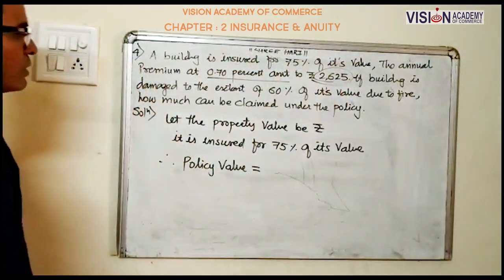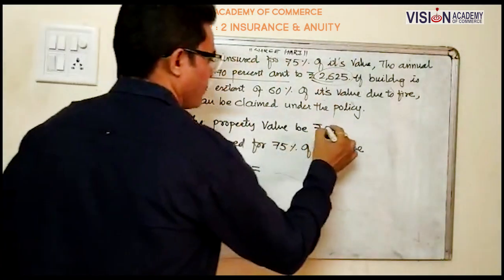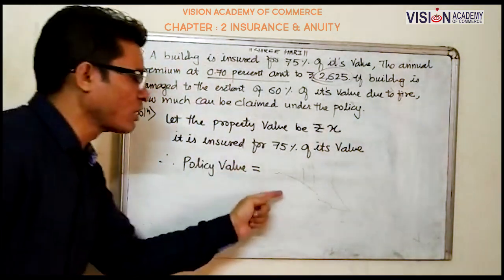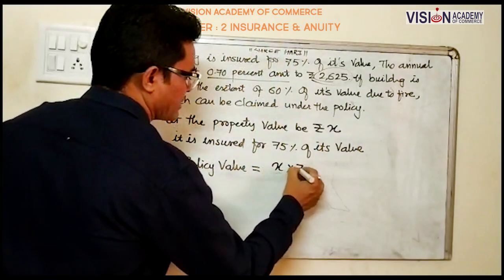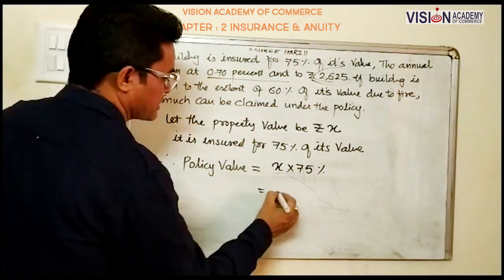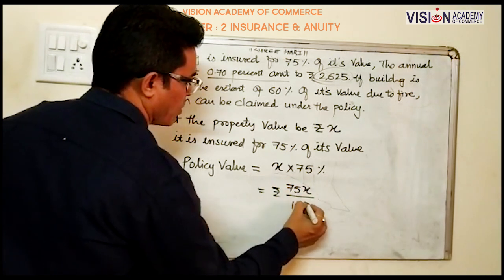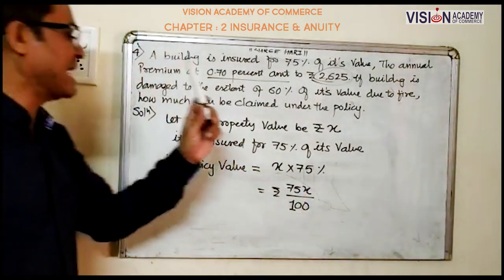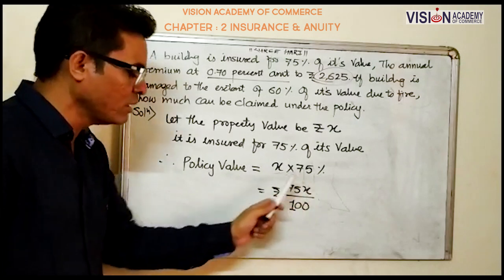So first of all, we assume the property value to be rupees X and it is insured for 75%. So its policy value is X into 75%, which comes to rupees 75X upon 100. So we got property value rupees X and policy value rupees 75X upon 100.